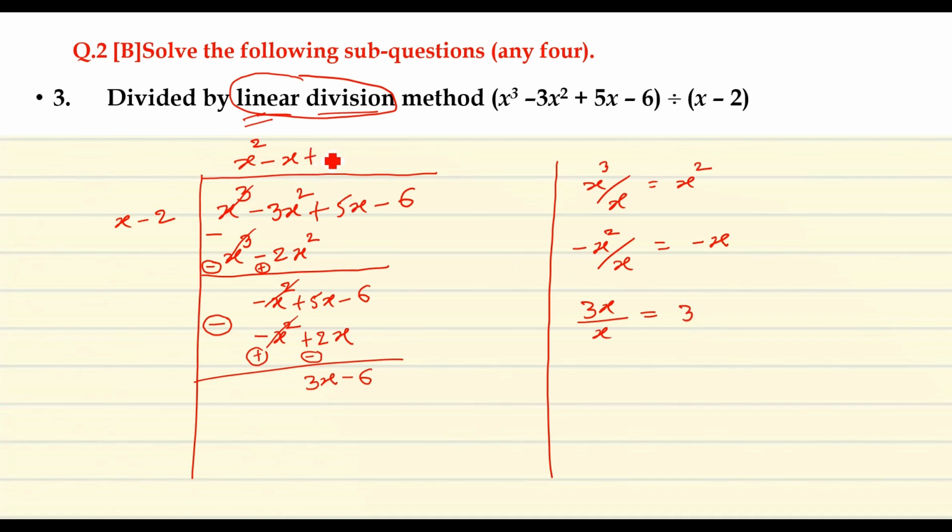So in the quotient I will write plus 3, multiply by x minus 2, so 3x minus 6, and now subtract it. When you subtract the first polynomial from the second, the sign of the second polynomial changes, plus becomes minus, minus becomes plus, plus 3x minus 3x, minus 6 plus 6 get cancelled, and I get the remainder as 0.